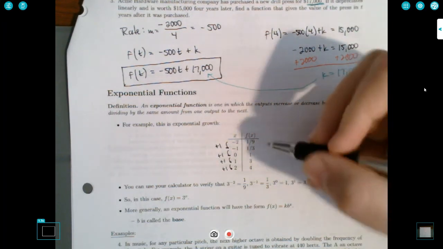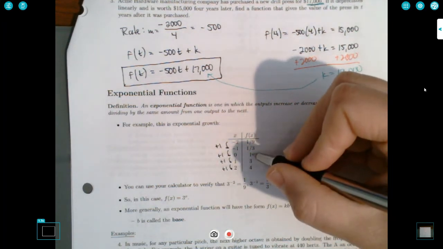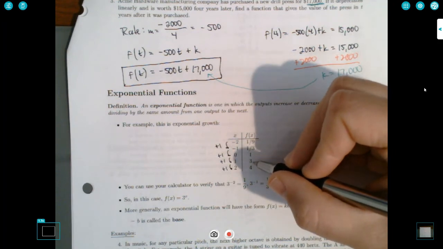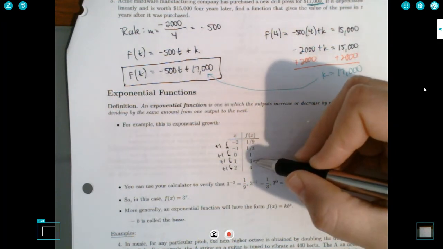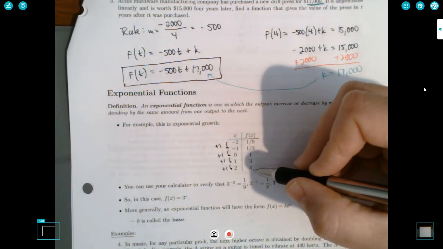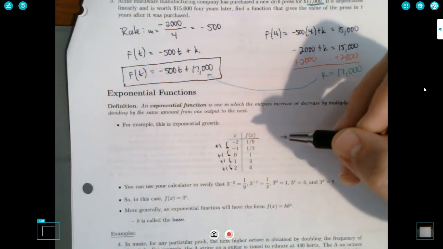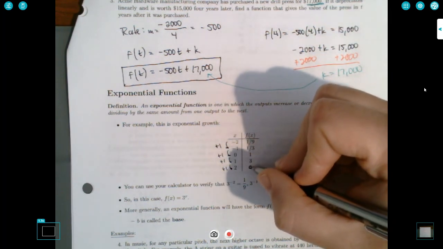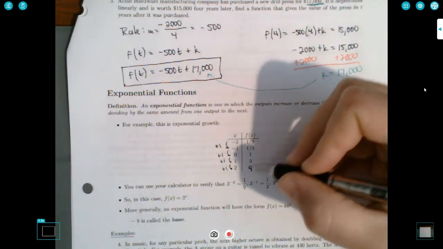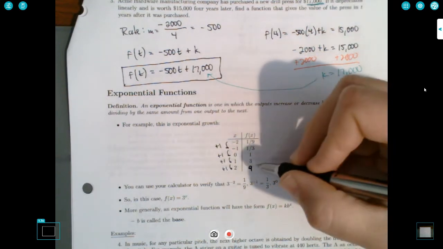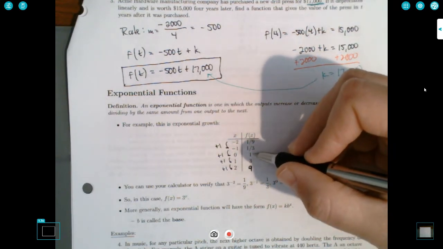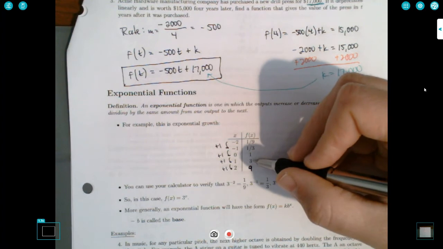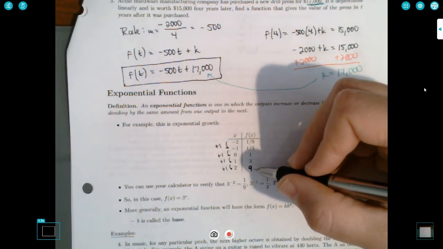It's maybe hard to tell with the fractions, but notice that to get from 1 to 3, you could think, well, I added 2, but then to get from 3 to 4, well, I think I have a typo here. I think this should be a 9. Anyway, change that to a 9. But yeah, to get from 1 to 3, I added 2, but to get from 3 to 9, I added like 6, right?